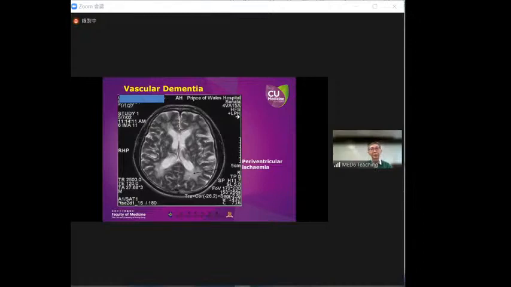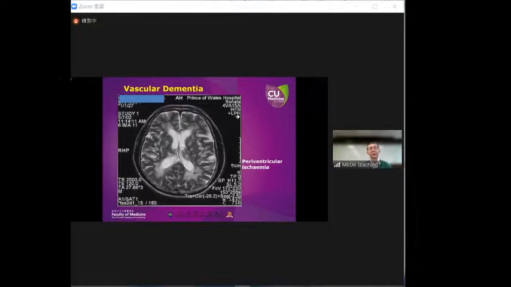When we say cerebrovascular disease causing dementia, we must make a distinction between small vessel disease, as you can see here, and stenosis of major cerebral arteries. So if you have stenosis of cerebral arteries, then you're more likely to get stroke. But with stroke, it does not necessarily give you dementia. It depends on where the strokes are.